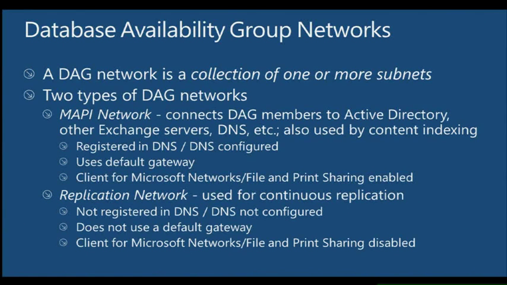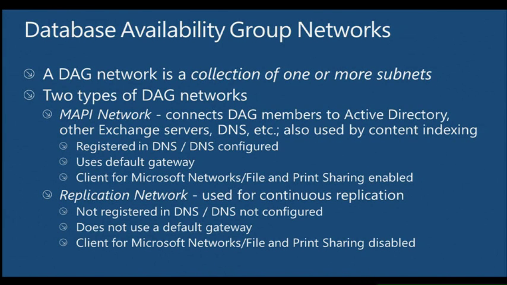It's almost the exact opposite type of network. These configuration differences are important because when you add servers to the DAG, the cluster enumerates that configuration and sends it up to the Exchange stack, and Exchange, based on these configuration settings, will distinguish which network you want to be the MAPI network and which network you want to be the replication network.